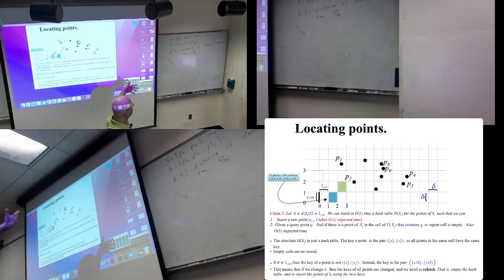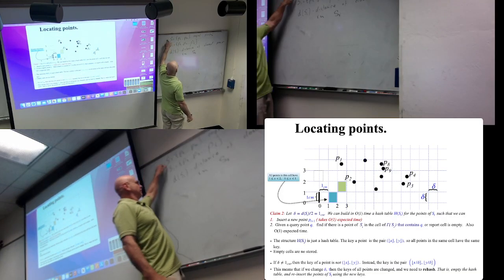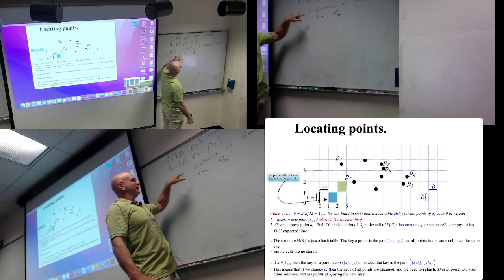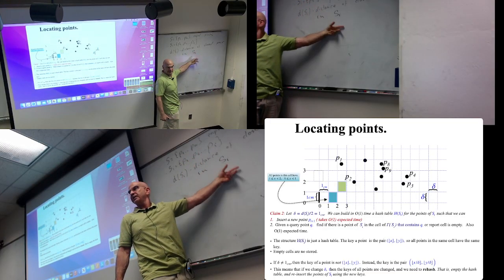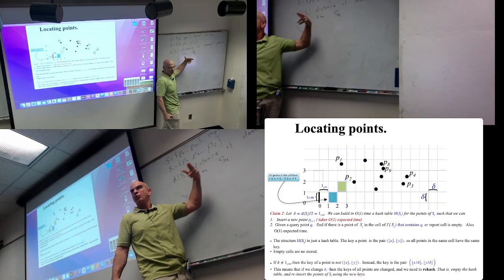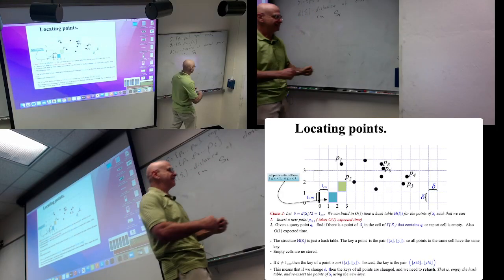Our problem in general is we are given a set of points, S. We want to know what is D of S, which is the distance between the closest pair of points in S. We'll assume that there is no point that appears twice.